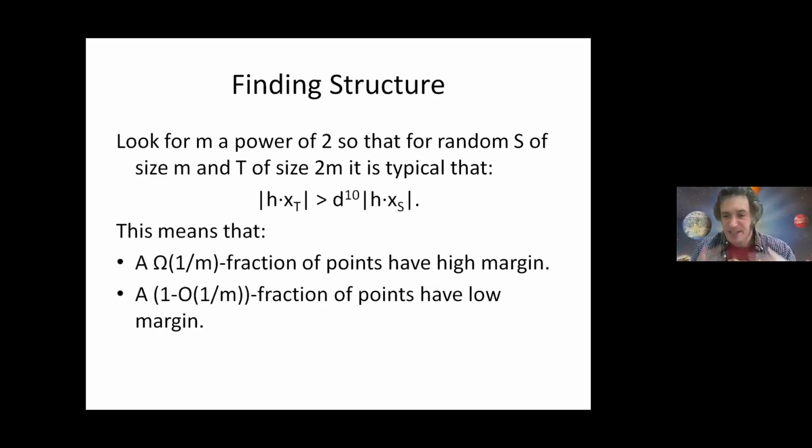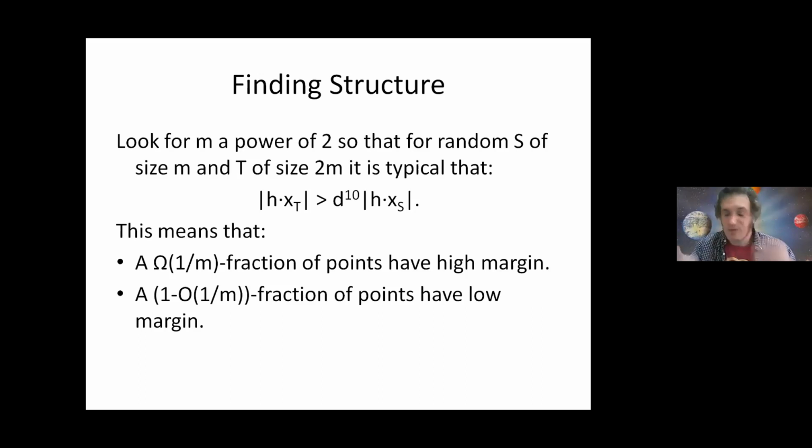And if this is true, since these points in T often have very large margin, this means that about a 1 in M fraction of the points have large margin. But because this set of only M points often has much smaller margin, it also has to be the case that except for an O of 1 over M fraction of points, everything should have low margin.